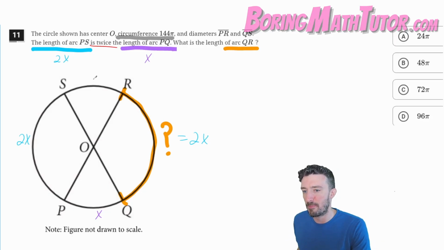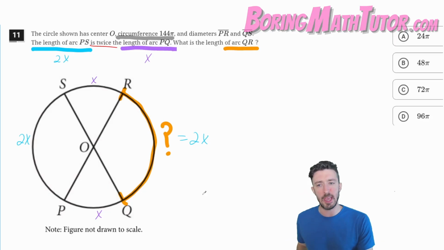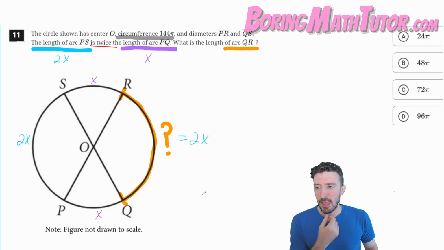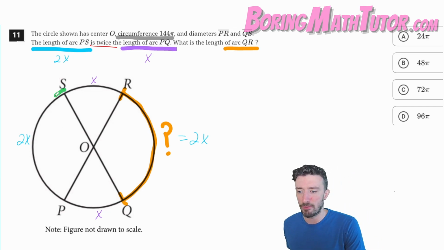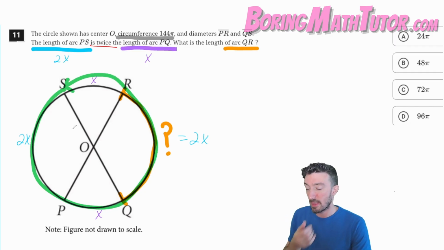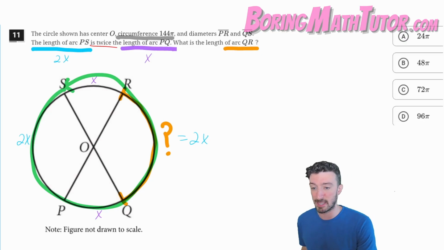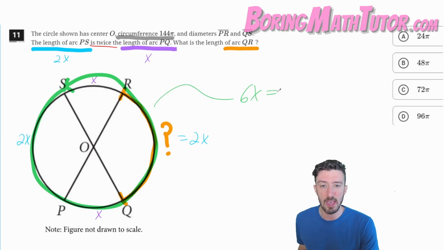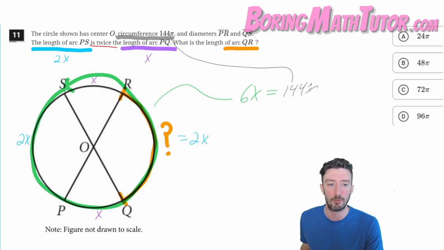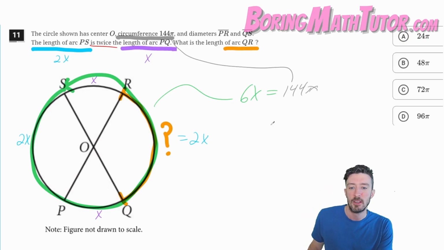And right above here, it looks like that should be x as well. And now if I were to travel around this circle, 2x plus x plus 2x plus x, that would get me, let's see, I guess 6 x's. And that should equal what we said the circumference was, the 144 pi.